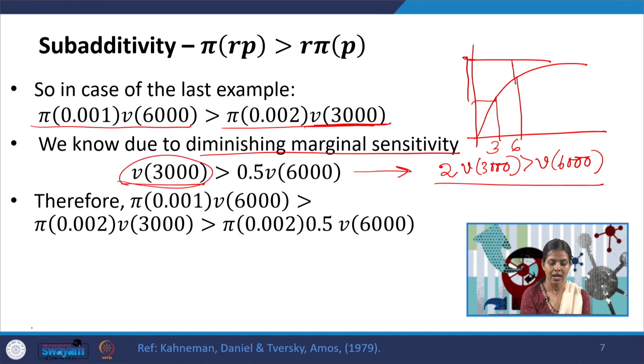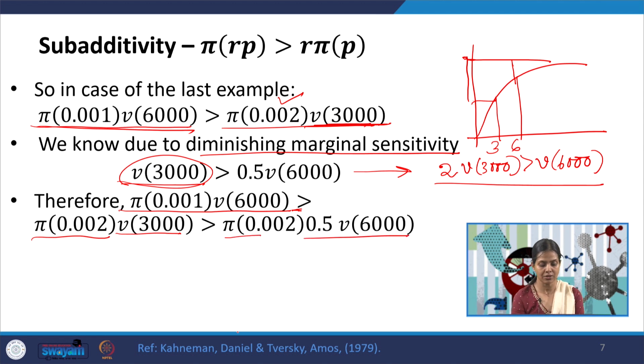So, what I have is pi(0.002) V(3000) less than pi(0.001) V(6000), that is this one, is greater than pi(0.002), I take it from here, and then V(3000) is now replaced with 0.5 V(6000).